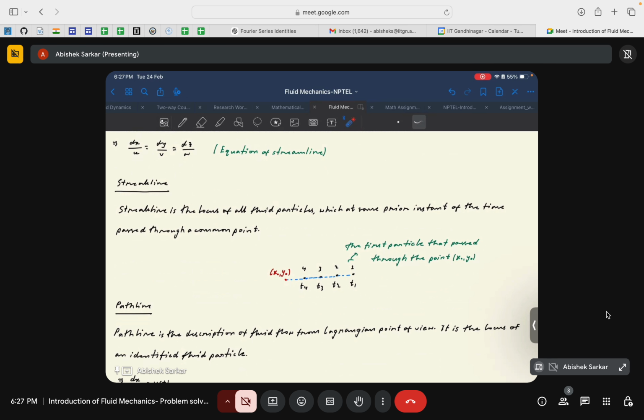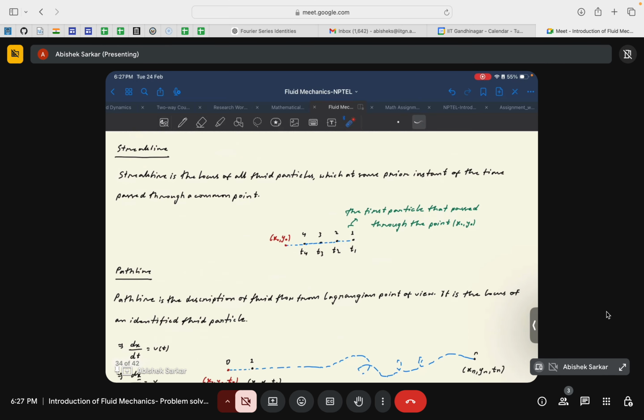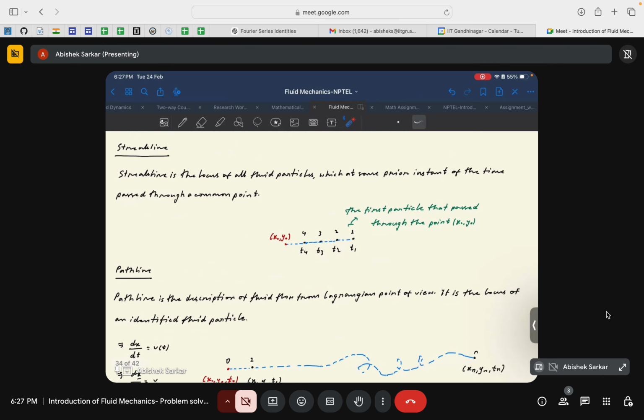So what it means is, for example, at an instant of time, say t naught, you are injecting a color dye at a point x naught and y naught. Say you are injecting 4 particles, just for namesake.